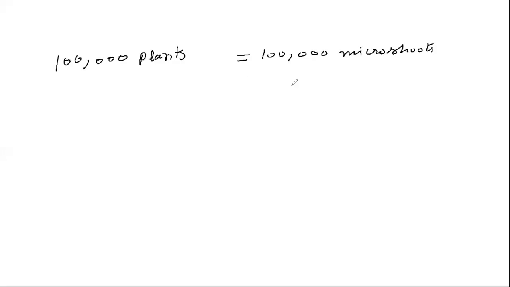So we require X number of microshoots. If rooting is 100%, you can say 100% root. If the rooting is 50%, to get one lakh plants, you require X number of microshoots, which obviously we know is 2 lakh.